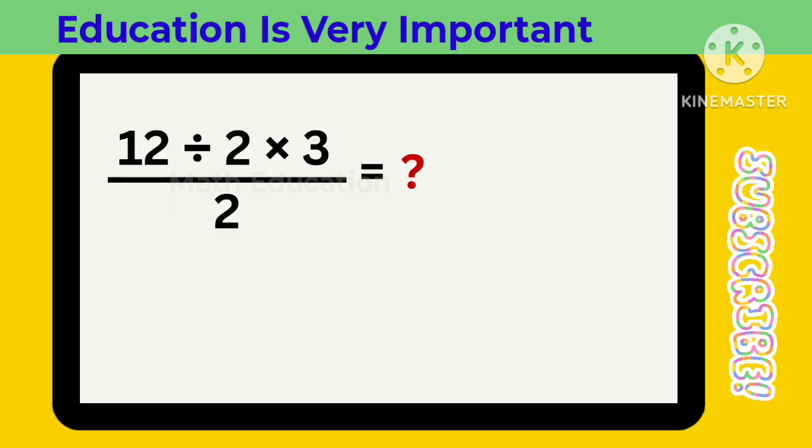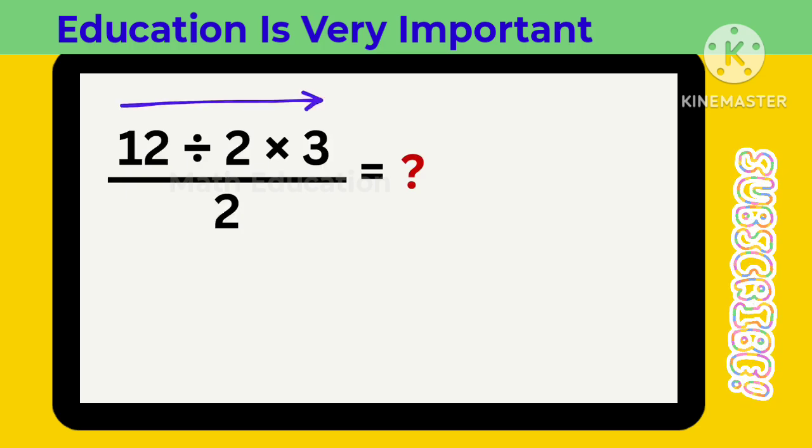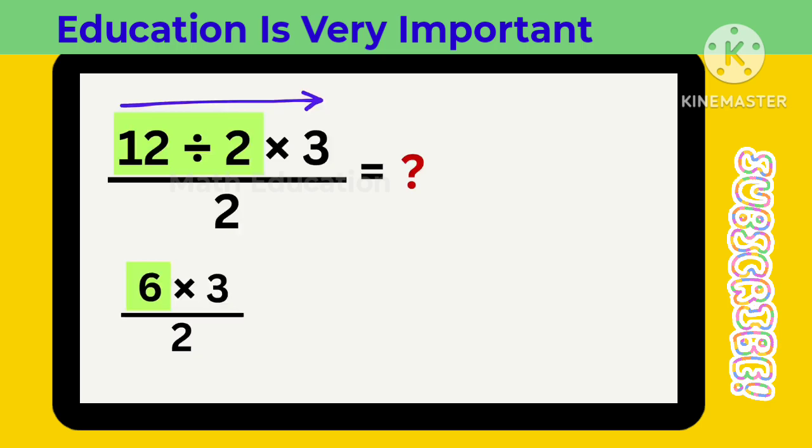Now, let's use that idea to solve the problem correctly. We are given 12 divided by 2 multiplied by 3 divided by 2. According to the order of operations, we start from the left and look for any division or multiplication. The first operation from the left is 12 divided by 2. That gives us 6.